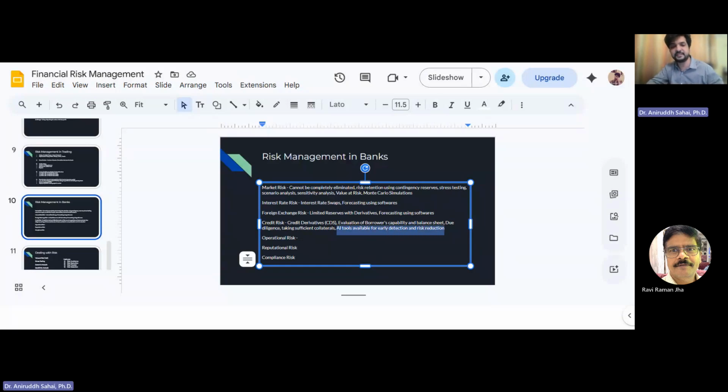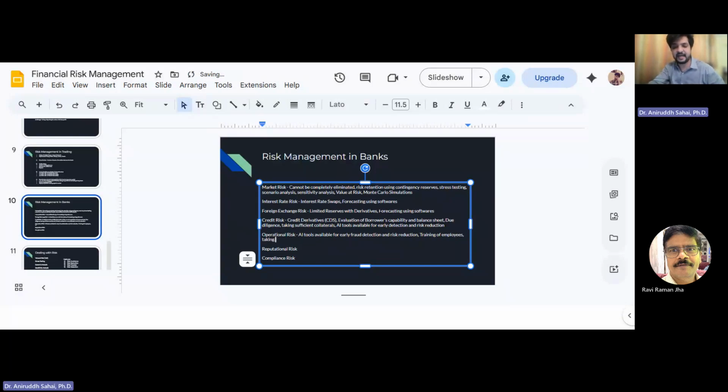These AI tools will also be helpful for managing operational risk, for fraud detection and risk reduction. Plus, training of employees will help reduce this operational risk, and taking adequate cyber security measures will be helpful.